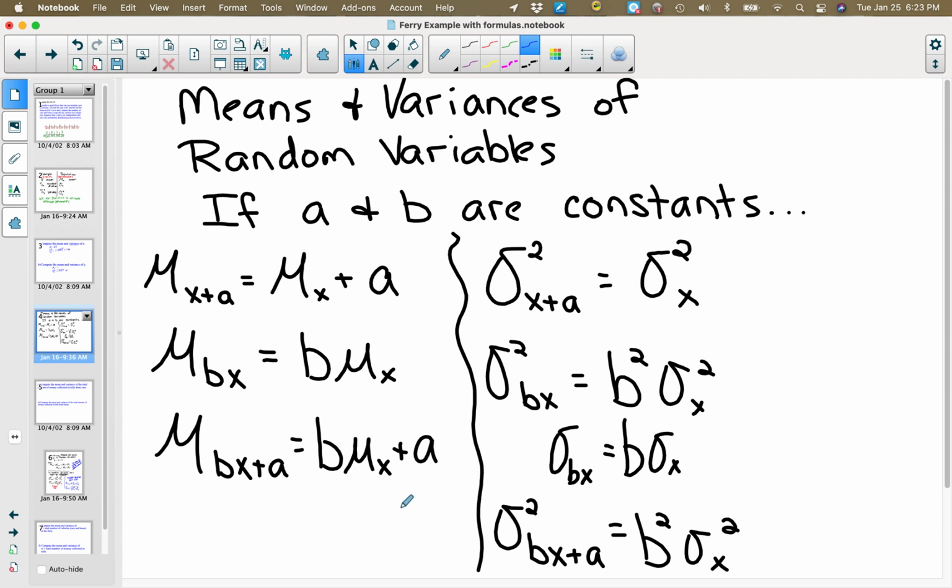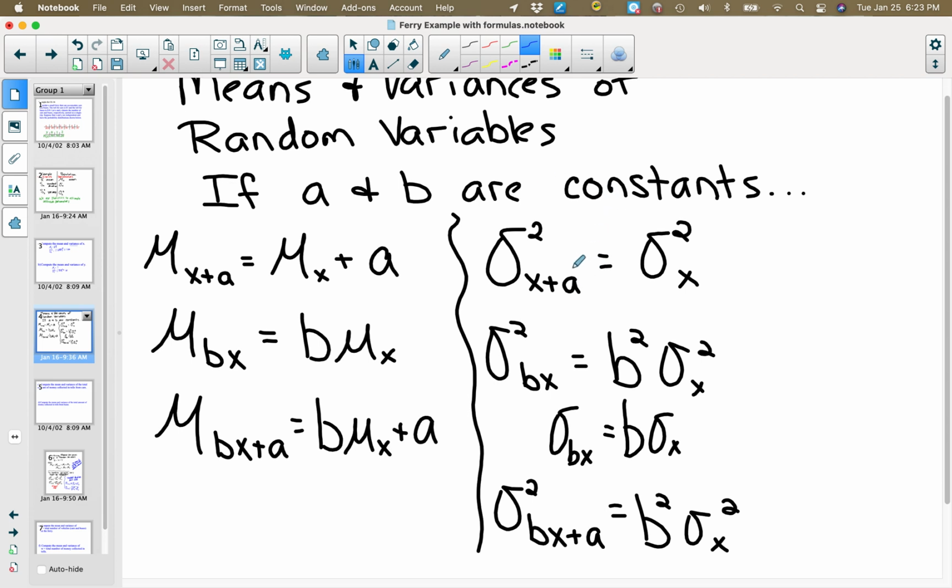Now you watched a little bit of this on AP Classroom. So for the variance, notice this one, if you have sigma squared of x plus a, it's just equal to sigma squared x. So adding something doesn't change the variance, and we'll talk about that a little bit. Sigma squared of bx equals b squared times sigma squared of x.